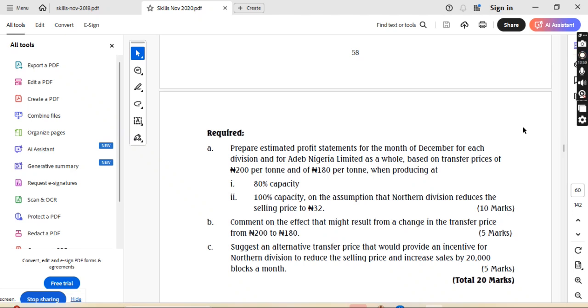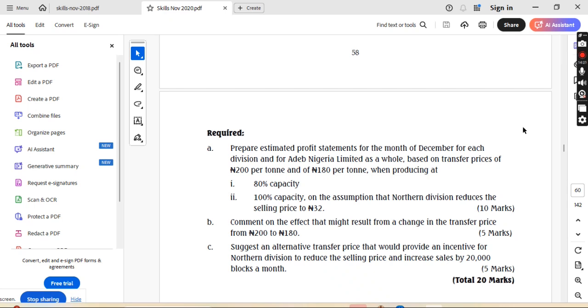Prepare estimated profit statement for the month of December for each division and for ADEP Nigeria Limited as a whole, which is the group, based on transfer prices of 200 per ton and 180 per ton.